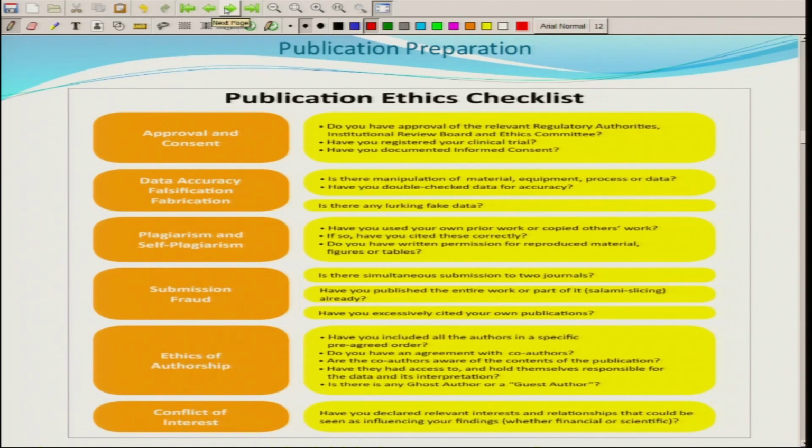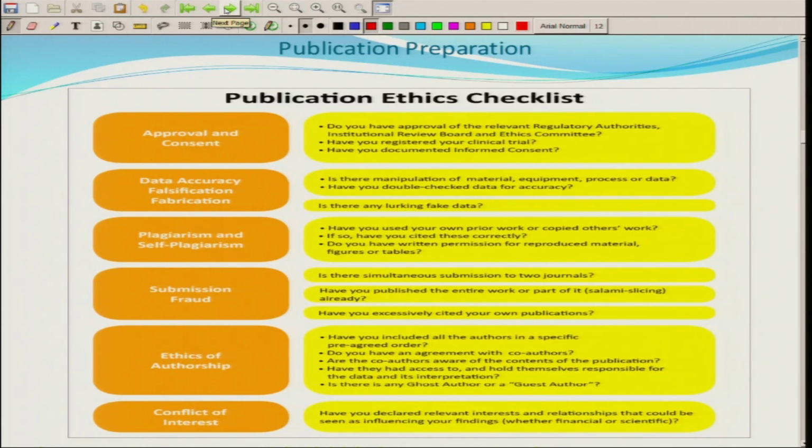And then the second factor, which is very important during the publication preparation process, is data accuracy. You must check your data, what kind of data you are supporting your publication with and submitting to the journal. That data should be authenticated data. It should not be plagiarized data. It should not be falsified data. It should not be fabricated data, because these days journals have very standard, high-definition tools to check all this kind of unethical publication practices.